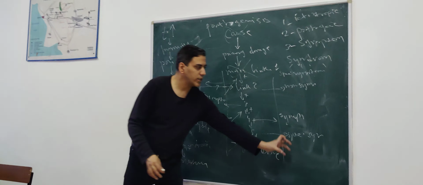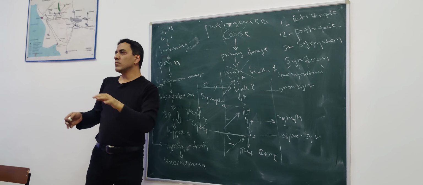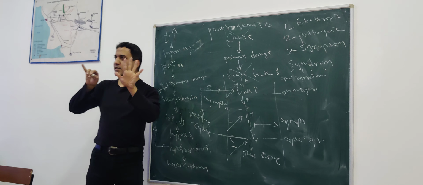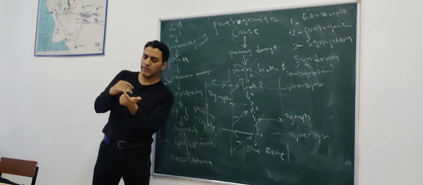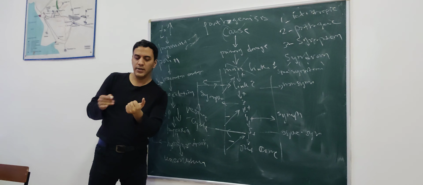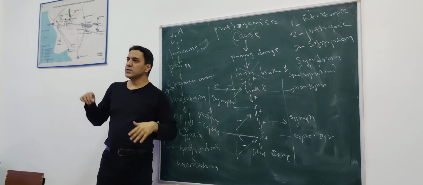For example, Down syndrome. For example, diabetic syndrome. There are 6 symptoms: hyperglycemia, glucosuria, polydipsia, polyphagia, polyuria, and dehydration. It means that all patients with diabetes have these 6 symptoms. We call it diabetic syndrome because they are coming from one pathogenesis.